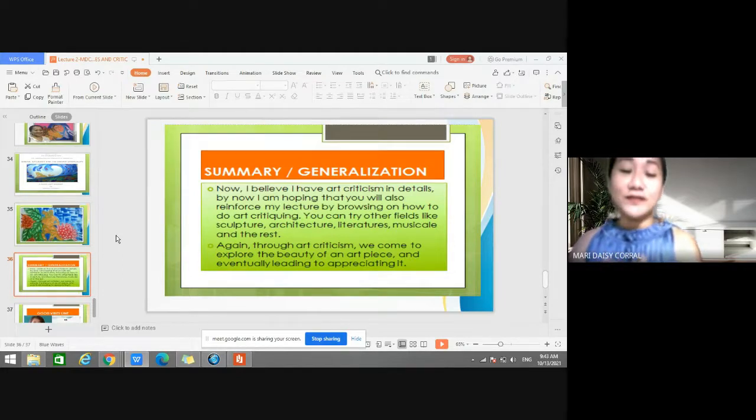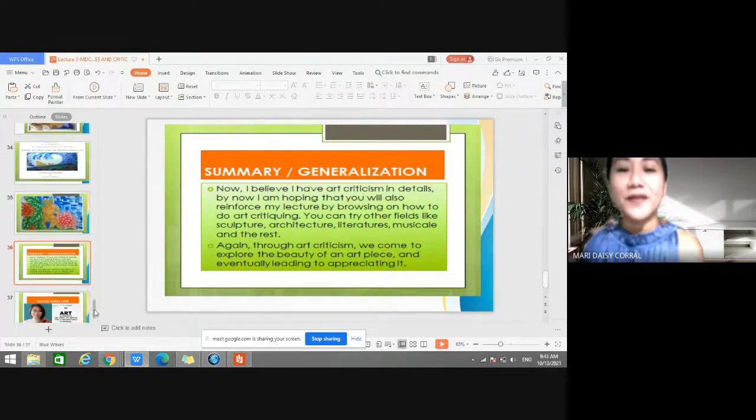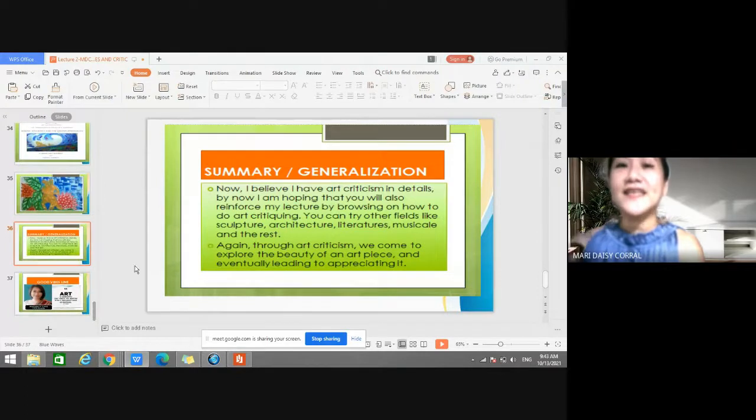And then the major lesson that we have today is the art critiquing, wherein we discuss the four steps on how to judge, on how to make a statement about that particular art based on your perception as an audience, or it could also be the artist's perception, by describing, analyzing, interpreting, and then you make up by judging. Okay, so that's all for now.